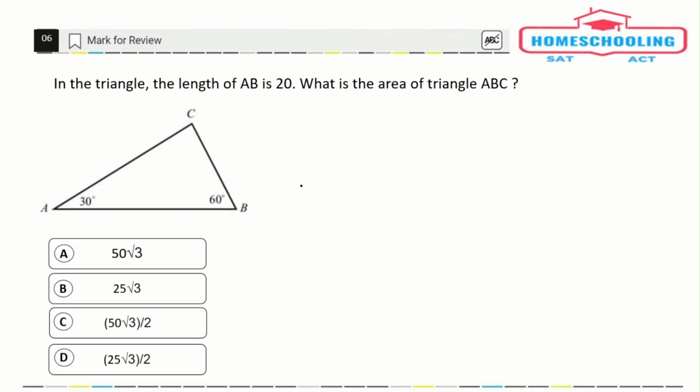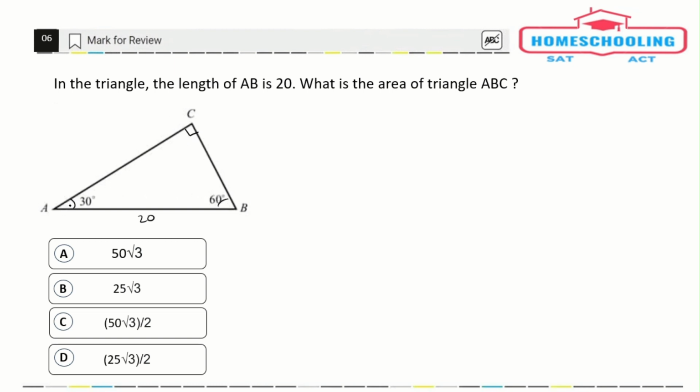In the triangle, the length of AB is 20. So what is the area of triangle ABC? As we have read in the basics, this is 30 degrees, this is 60 degrees, and this one would be 90 degrees.